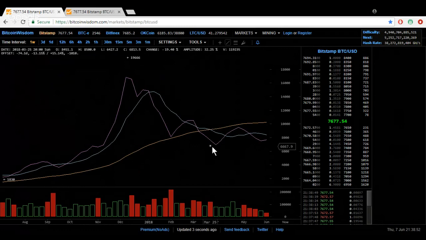And you can also see the short term has cut through the longer term moving average here, couldn't make it back up here, now is cut through the intermediate term. It is bouncing a little bit because for the past number of periods, we have been going up slightly.